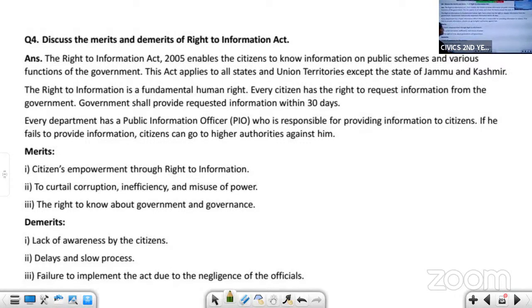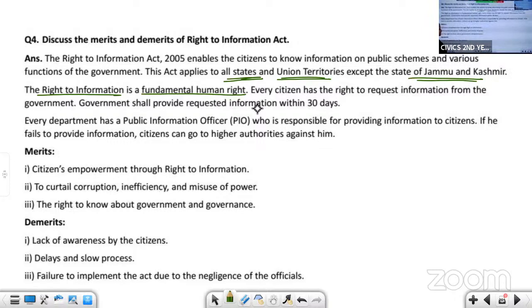This act applies to all the states and union territories, except for the state of Jammu and Kashmir, as it is a disputed property. So this act is not applicable in Jammu and Kashmir. It is applicable to all the states and union territories. This right to information is a fundamental right.